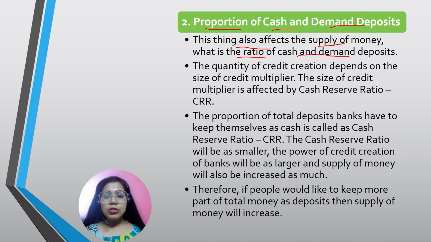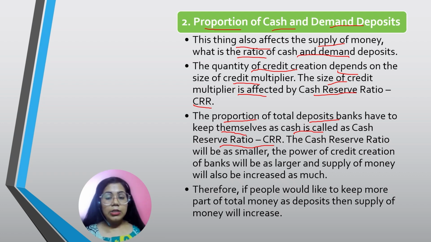So the quantity of credit creation depends on the size of the credit multiplier. Now what is this credit multiplier? The size of the credit multiplier is affected by the cash reserve ratio, which is CRR. The proportion of total deposits banks have to keep with themselves as cash is called the cash reserve ratio, CRR. You would have heard about this, as it is the RBI which determines what the CRR will be.